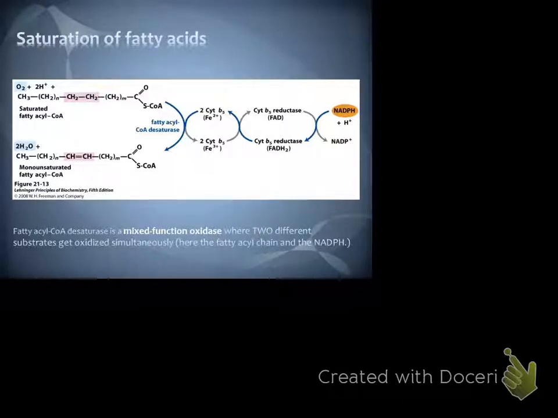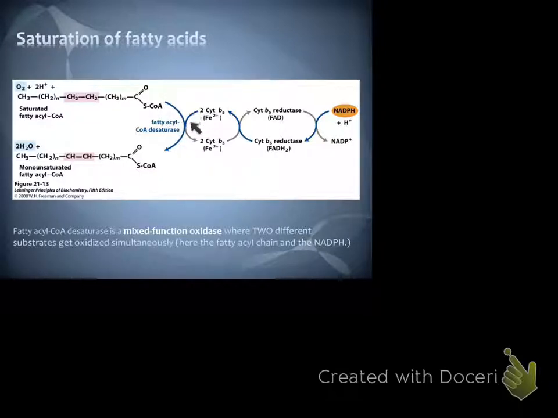And so in this example here, not only are you oxidizing the fatty acyl chain, but you're also oxidizing ultimately NADPH. Because what happens is, in order for the saturated fat to become an unsaturated fat, it utilizes the cytochrome B, which has iron. So iron has to give up the electron.